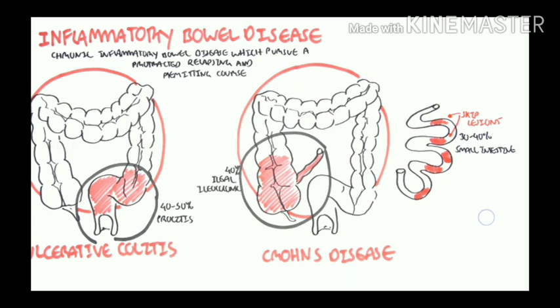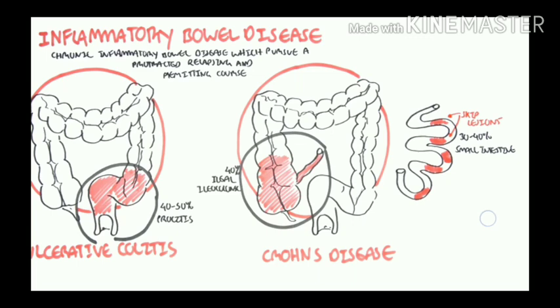Okay, in Crohn's disease, the main area affected is the cecum and ileum, which we call the ileocecal area. This is the main area involved in the disease, about 40%. The second most commonly affected area in Crohn's disease is the small intestine, in about 30 to 40% of cases.